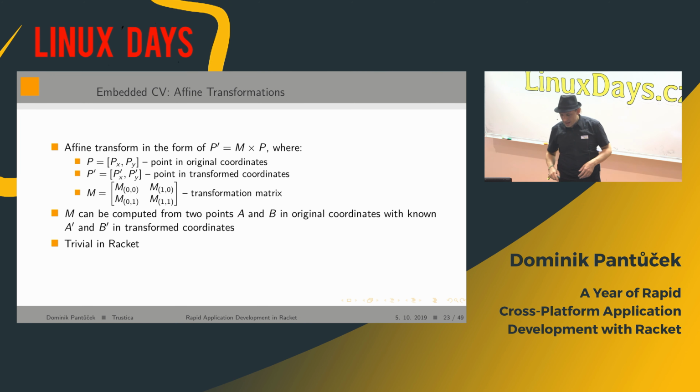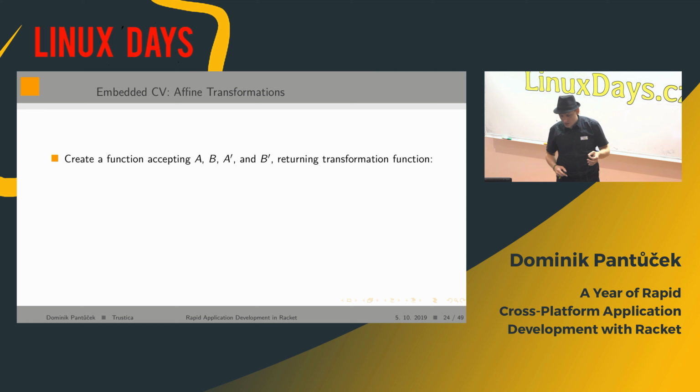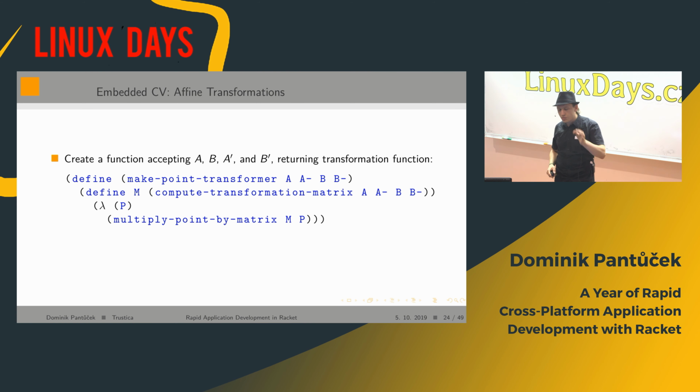And the thing is, not only it's trivial, but once again, you can use the ability to create new functions in runtime to do this, because you can create a function that you feed the positions in the picture, you tell it the positions in the scheme, and it will do all the computation and return you a function which you just apply to points in the picture, and it transforms them for you.